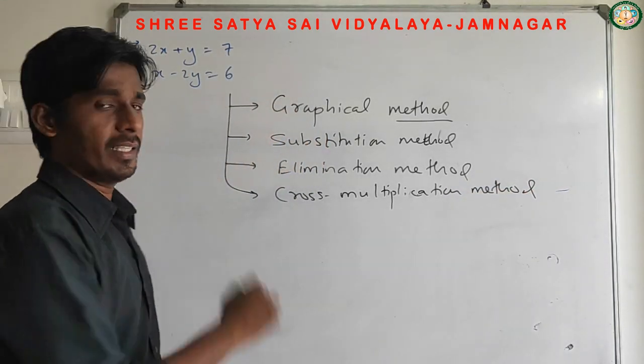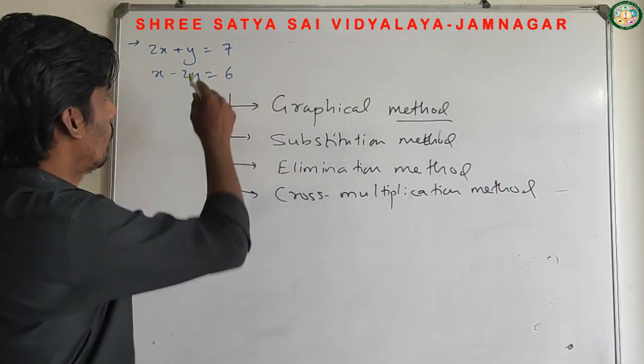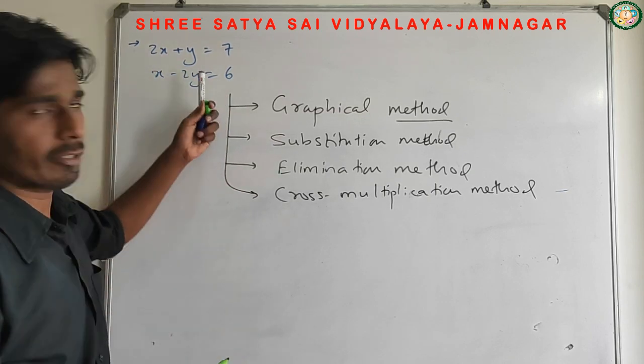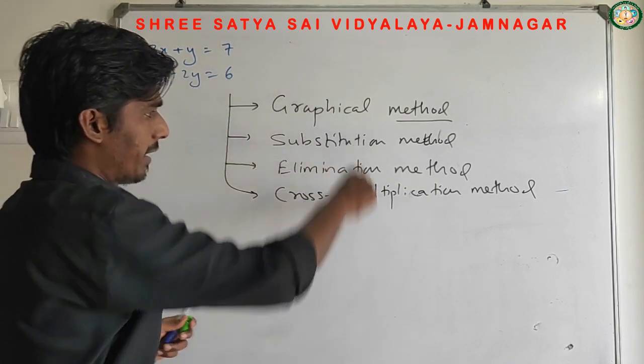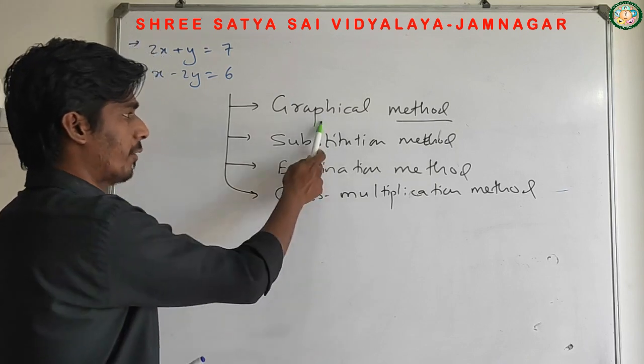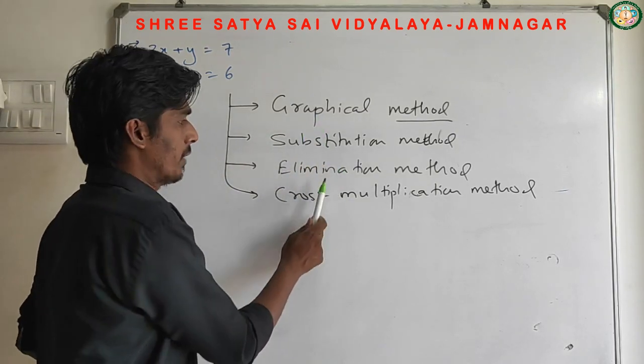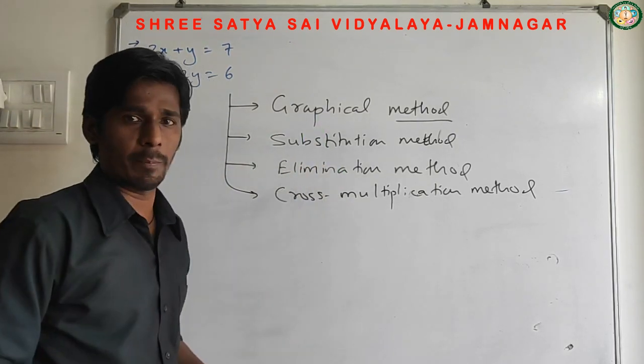So these are the four basic methods to solve this pair of equations. We can find the values of the variables by any of these methods: graphical method, substitution method, elimination method and cross multiplication method.